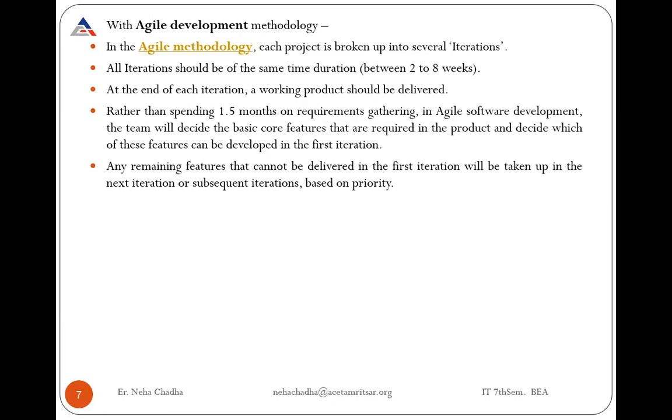Then after the completion of the next iteration, the team can think over what amendments and other changes are required, and they can make these in the subsequent iteration based upon the priority or the requirement of the customer.